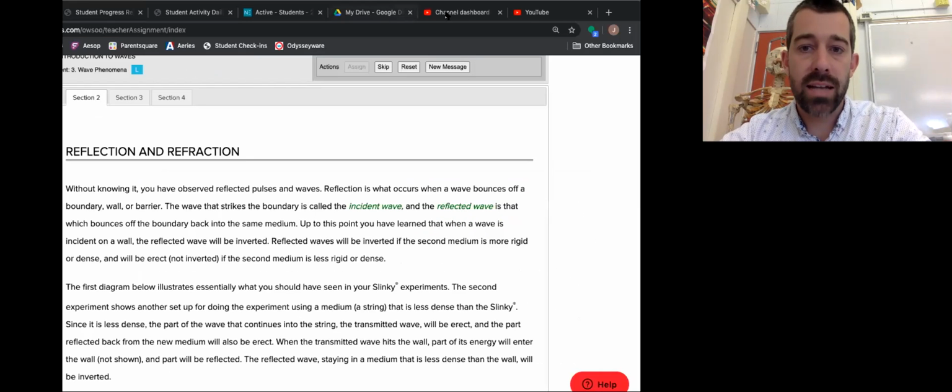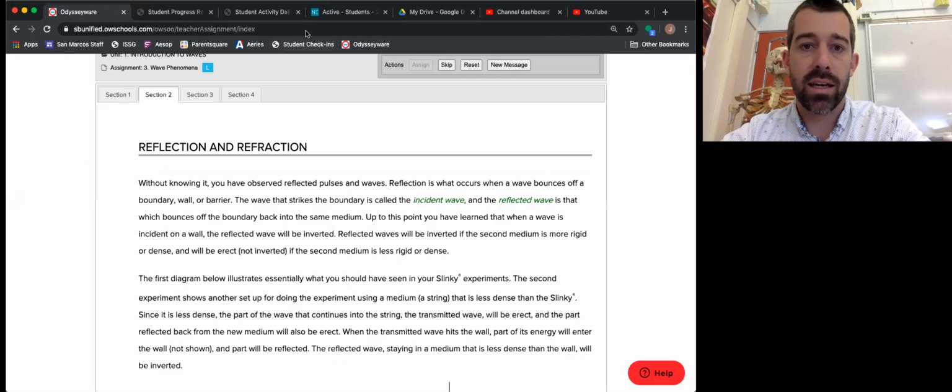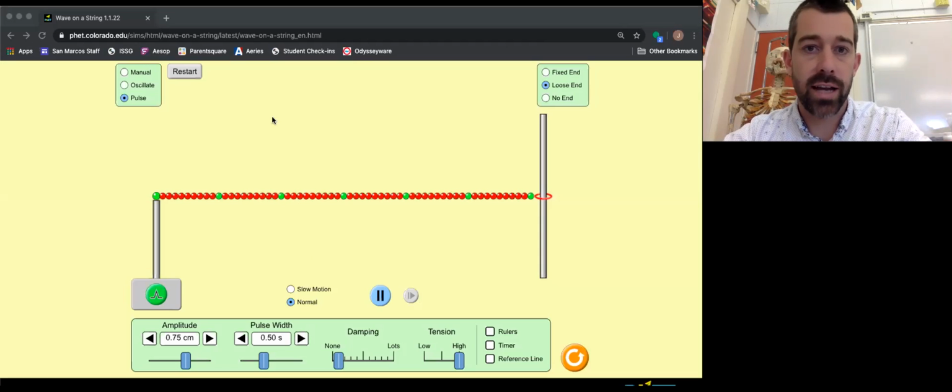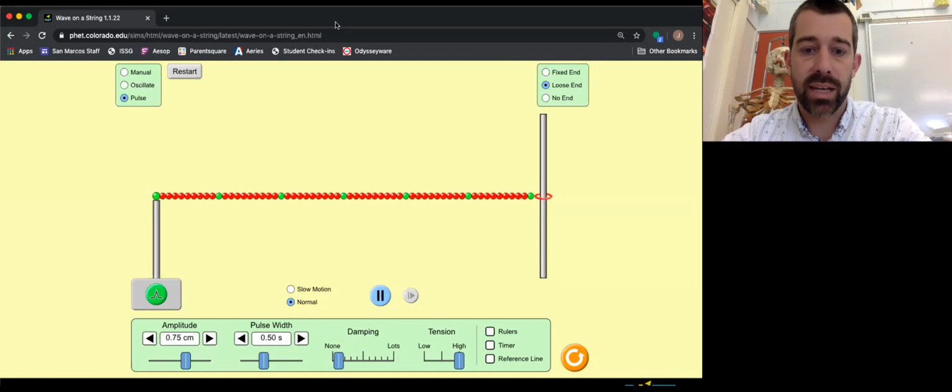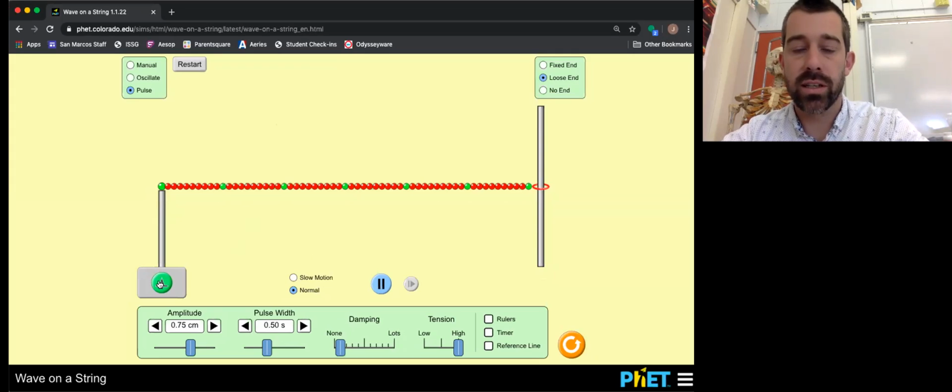In order to answer that, I have a little simulation here that we're actually going to look at. This is the wave on a string. You probably played with this in your physics class, but we're going to use it a little bit differently this time. Right now we've got it set at fixed end.